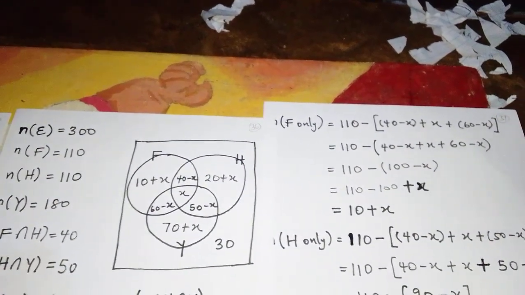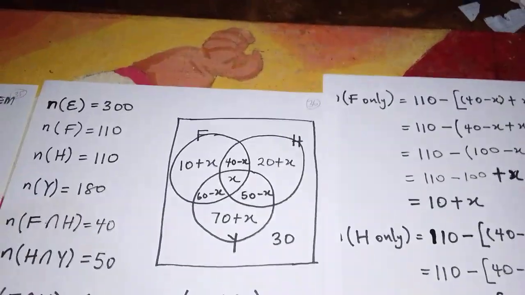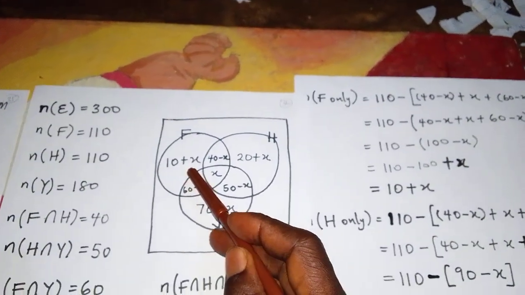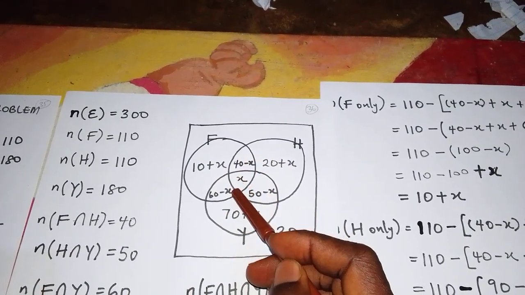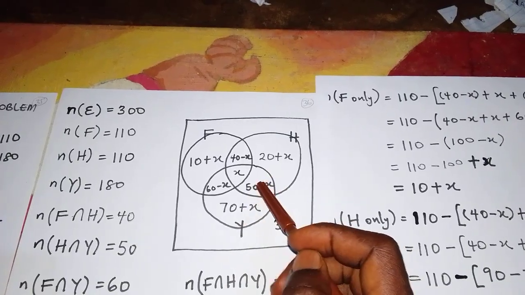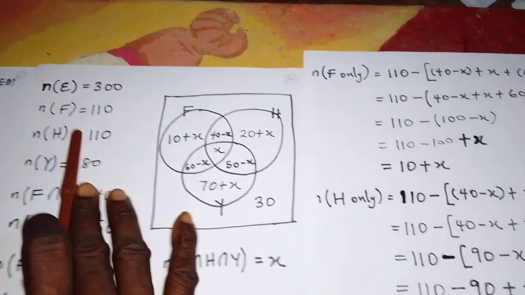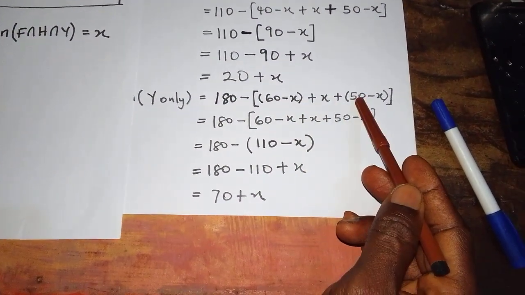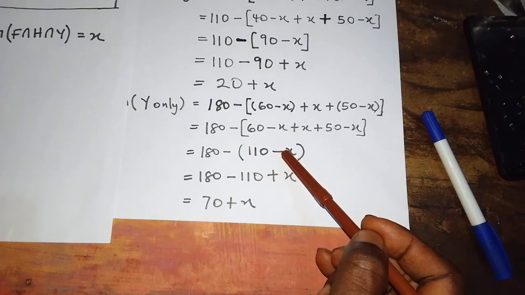Then you come to those that offer Yoruba only. So to get those that offer Yoruba only, that means you are going to add those that offer French and Yoruba only, the 3 subjects, Hausa and Yoruba only, add all these ones and subtract it from 180. So when you add 60 minus x plus 50 minus x, it will give you 110 minus x.